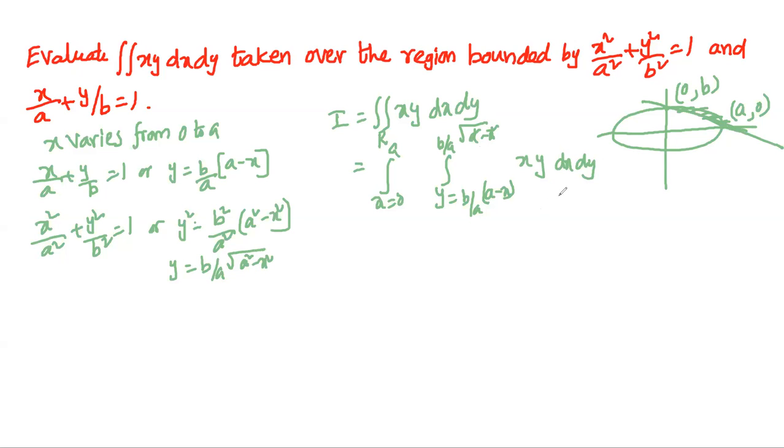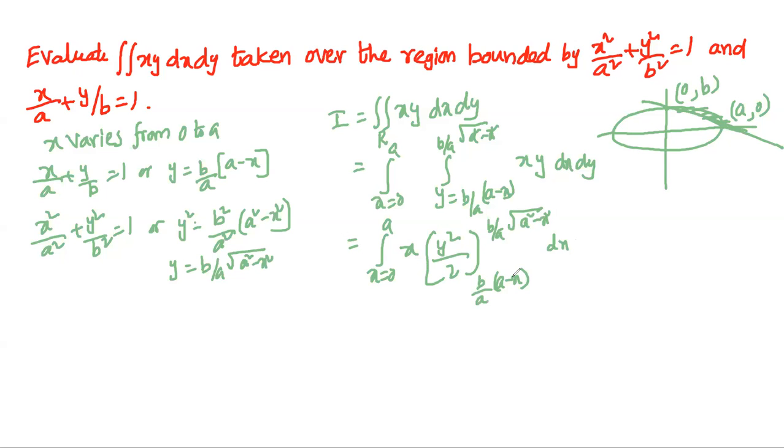Now, first we can solve with y. So in that case, integral x is equal to 0 to a. So x into the y value, we can do that: y square by 2 between b by a of (a minus x) and b by a of square root of a square minus x square, into dx.